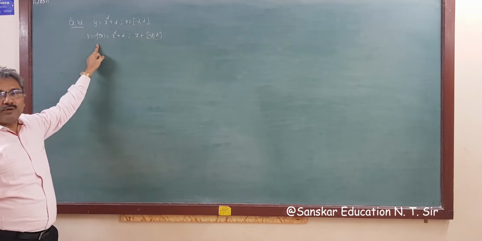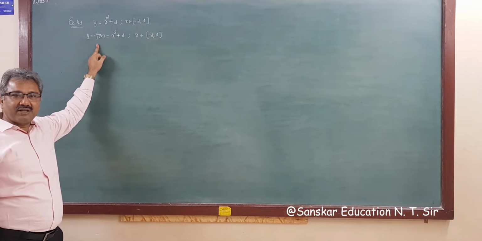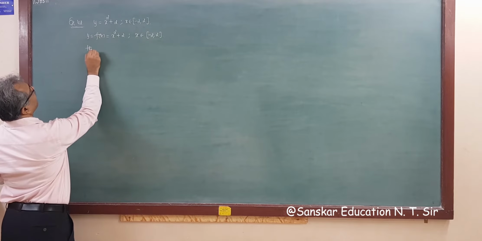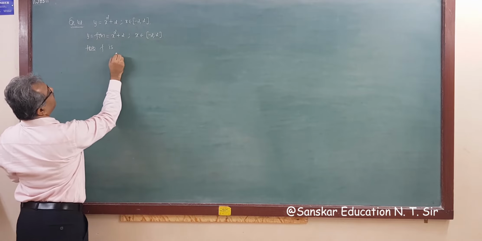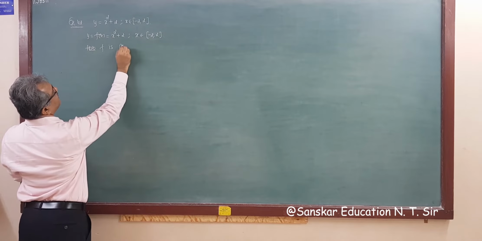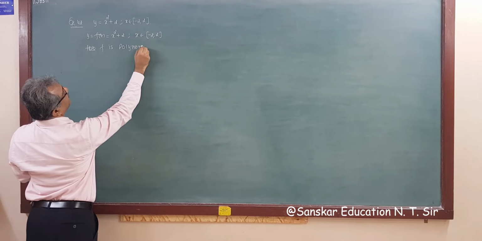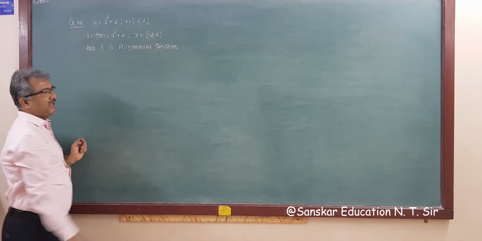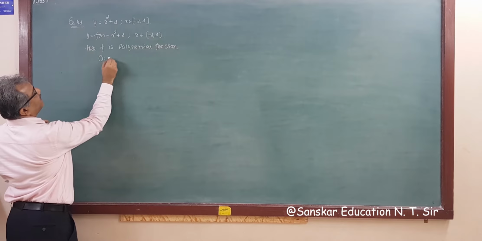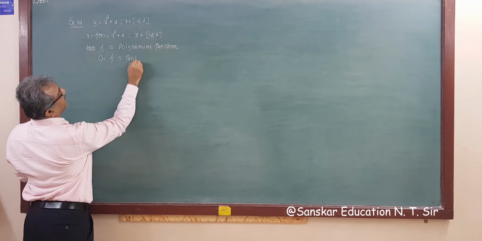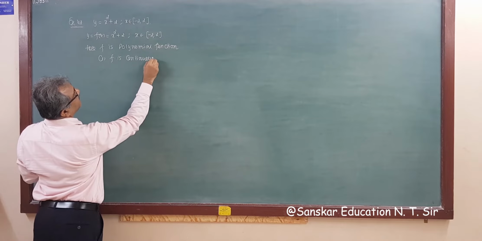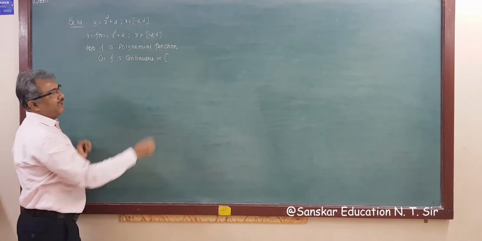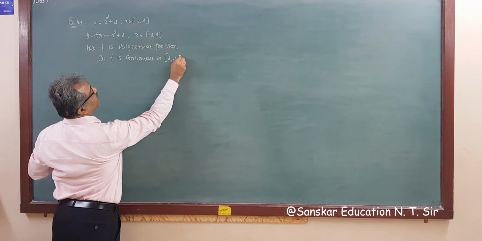Now this f is a polynomial function, and you know each and every polynomial function is continuous and differentiable. So here, number 1, f is a polynomial function, therefore f is continuous in the closed interval minus 2 comma 2.